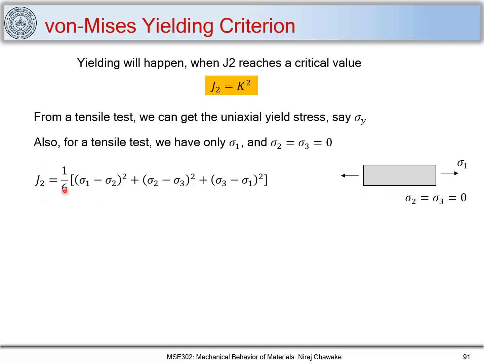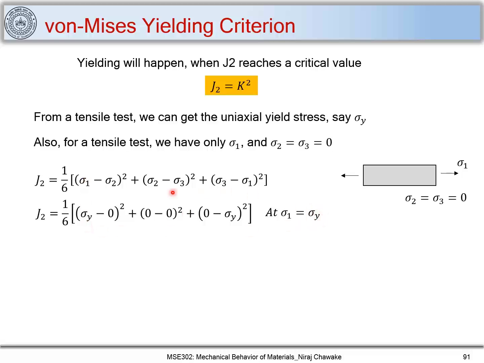So I write J2 as 1 upon 6 into (sigma 1 minus sigma 2) square plus (sigma 2 minus sigma 3) whole square plus (sigma 3 minus sigma 1) whole square. So we have found this J2, and now we will replace sigma 1 with sigma y, that is, at yielding I consider sigma 1 equal to sigma y. When the value of sigma 1 reaches sigma y, the material will start yielding.